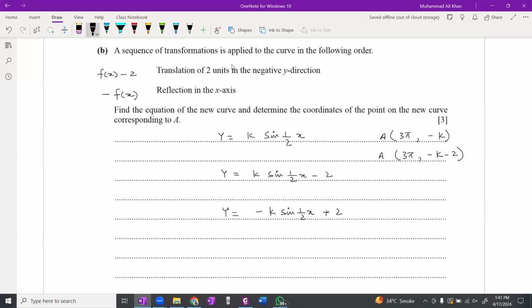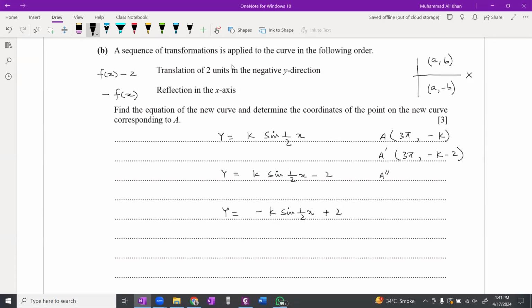And now, after that, finally, let's say this is A dash, the first step, and A double dash, the second step, reflection in x-axis. For reflection in x-axis, let's say this is x-axis. If we have any coordinate, let's say A, minus B, and we reflect this coordinate in x-axis, A will remain the same and the sign of B, the sign of y, will change.